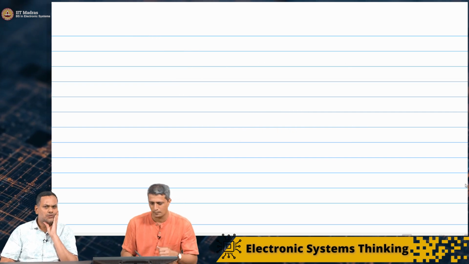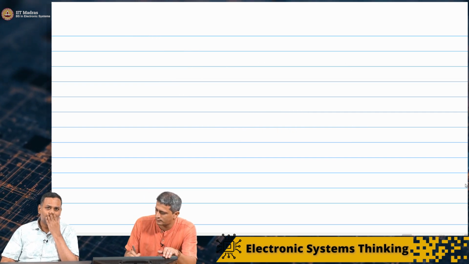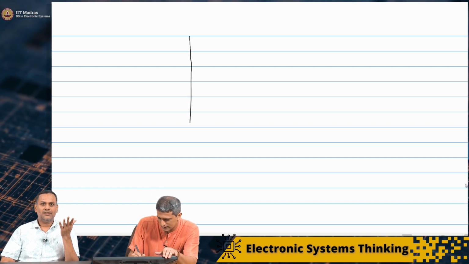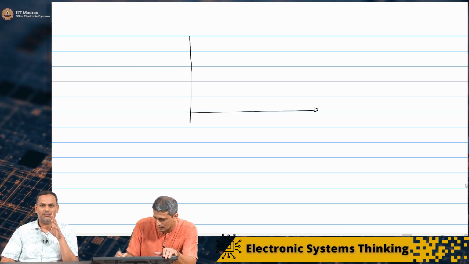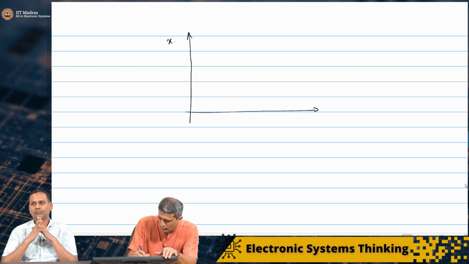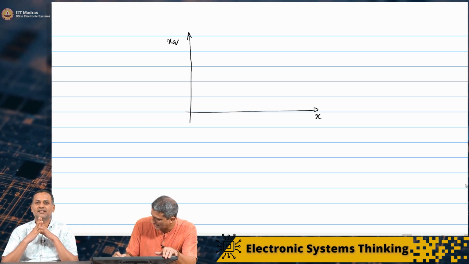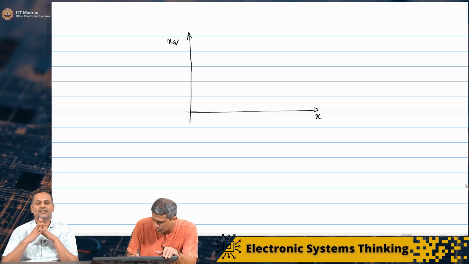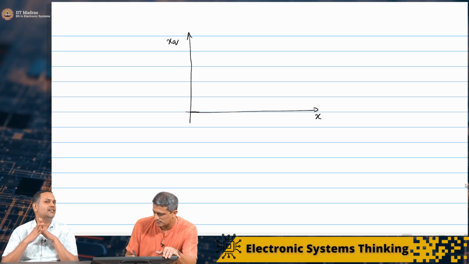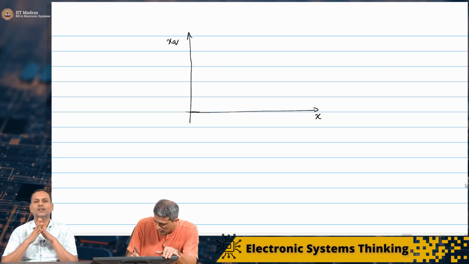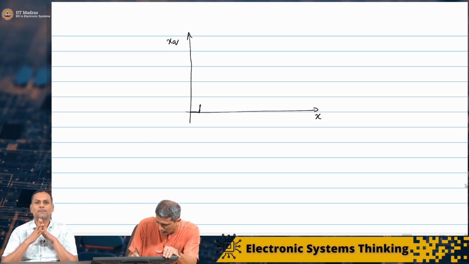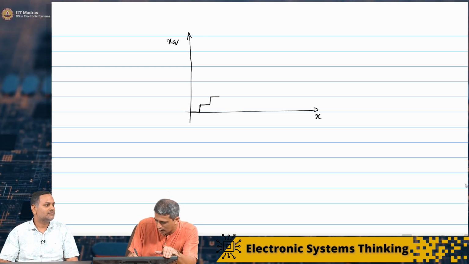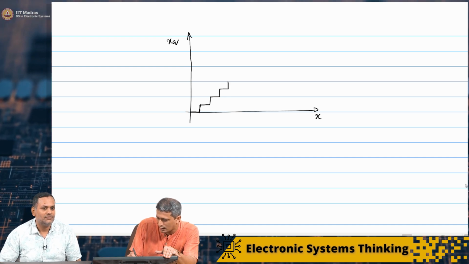I basically have some voltage. I am thinking back to what we did when we discussed this. We had xq versus x, and we said any analog voltage that is between 0 and delta will get approximated by 0, anything between delta and 2 delta will get approximated by 1, then 2, then 3, 4, like this.